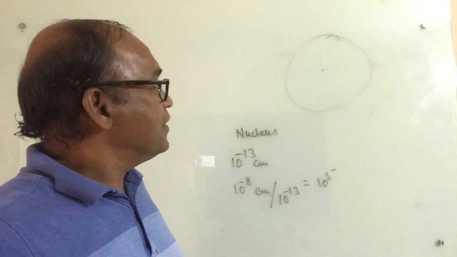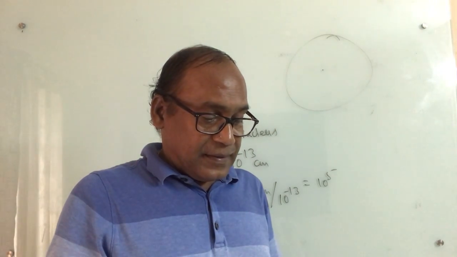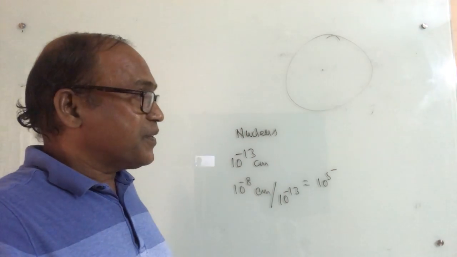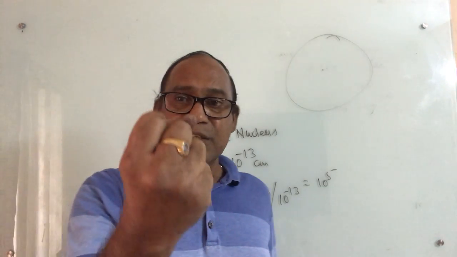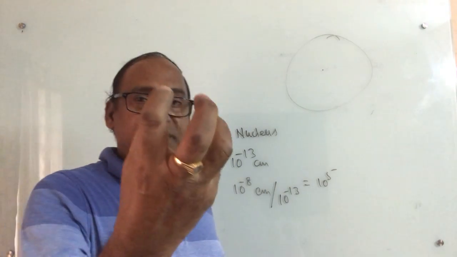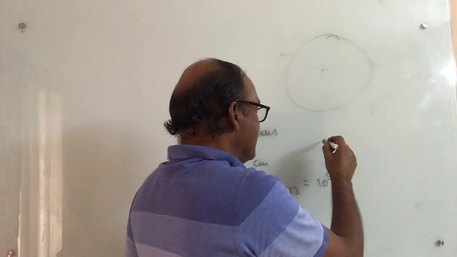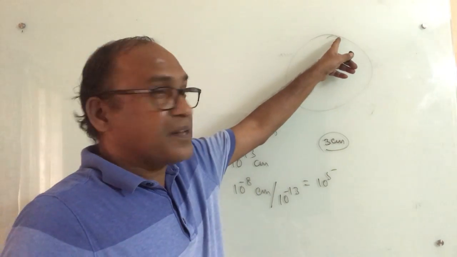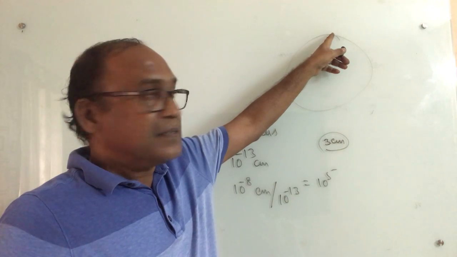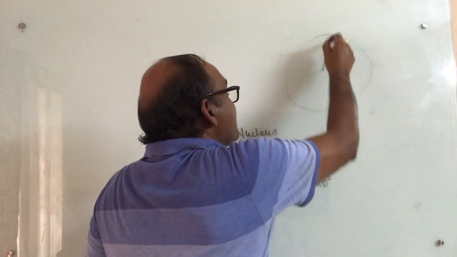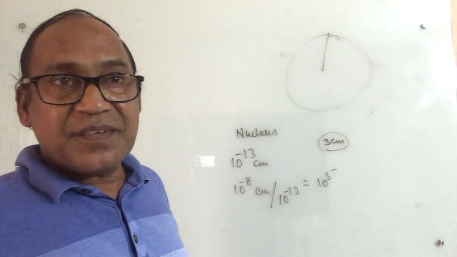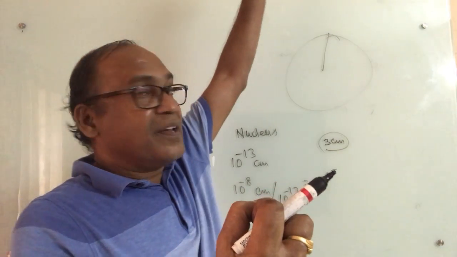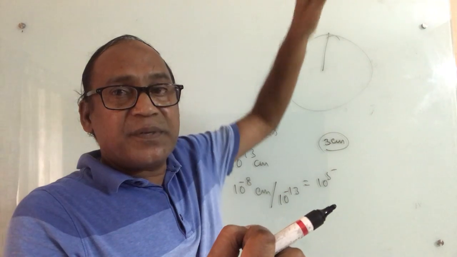If the nucleus is considered to be this fist, or a cricket ball with radius nearly 3 centimeters, the boundary where electrons are expected is nearly 3 kilometers away.